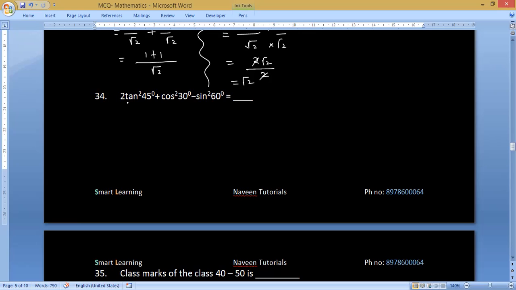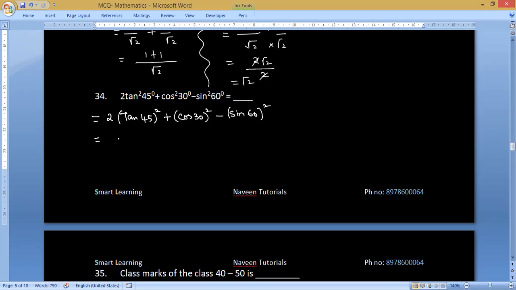So the question is 2 tan square 45 degrees plus cos square 30 degrees minus sin square 60 degrees. So first, 2 tan 45 whole square, plus cos 30 whole square, minus sin 60 whole square.